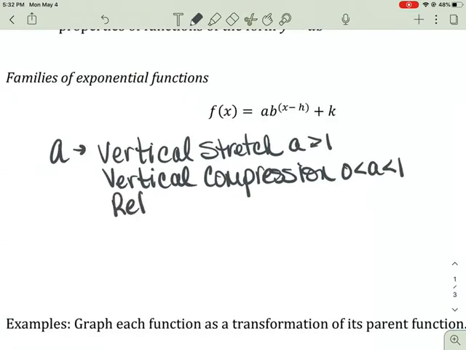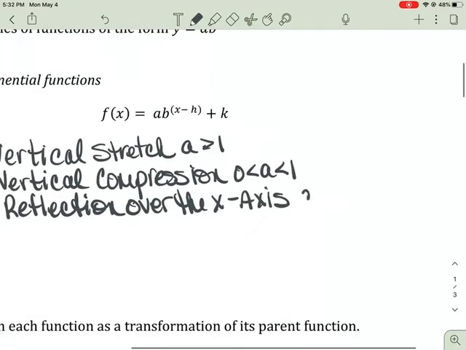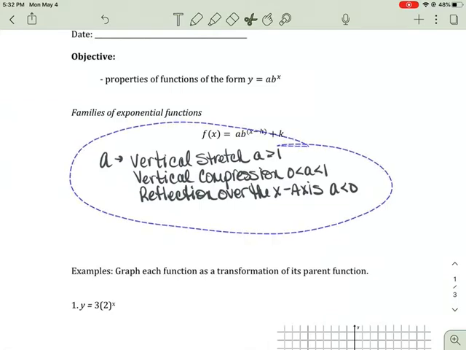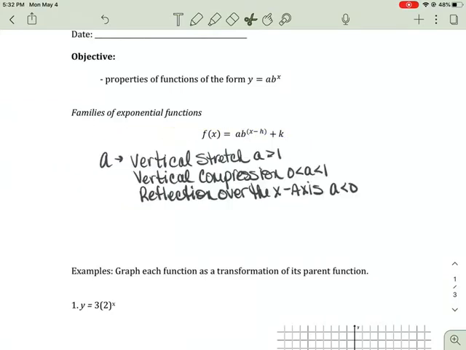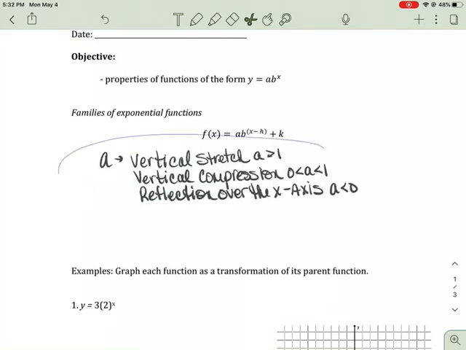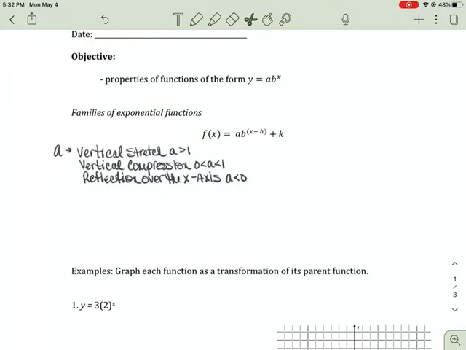And remember, it's a reflection over the x-axis if a is less than 0. So if it's negative, we're going to reflect it over the x-axis. Now again, we did this before, so it should sound familiar to our transformations.